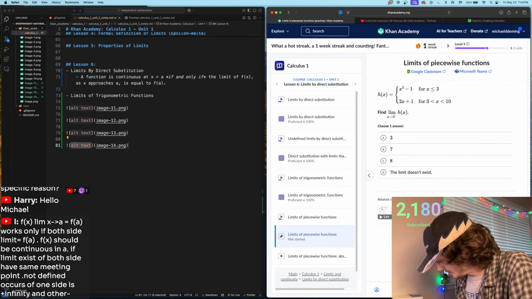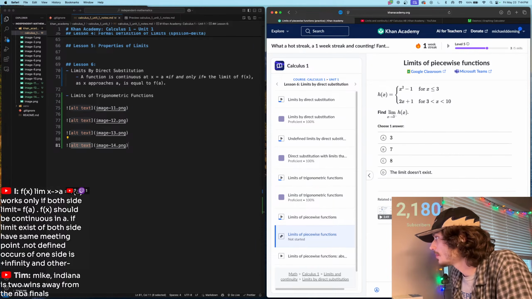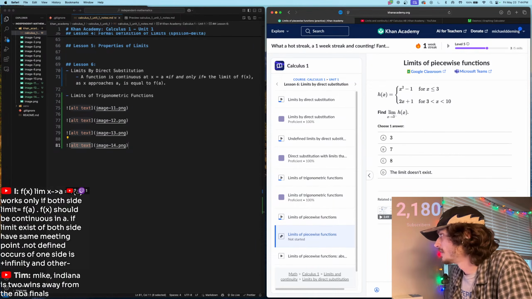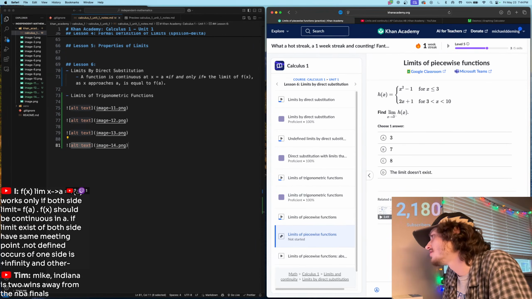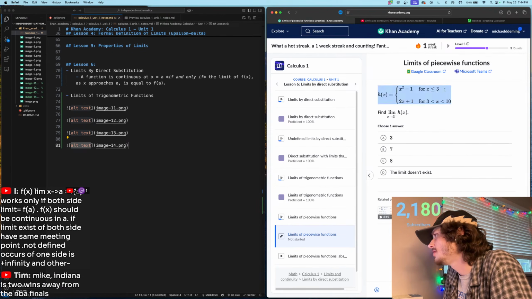Alright, as x goes to negative 3, from the left, all values are less than or equal to 3. So we're going to be in this function here.